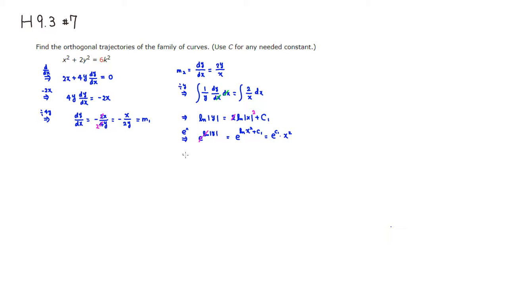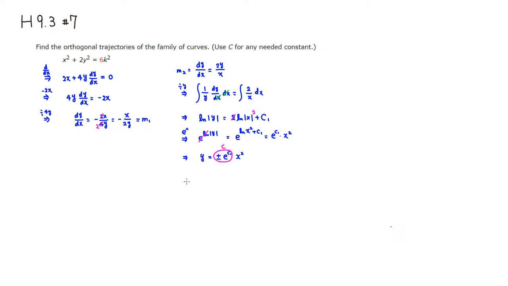To remove the absolute value sign, we have to consider positive or negative e to the c1 times x squared. But there's no reason to have a complicated constant, so I'm going to call this constant just c.